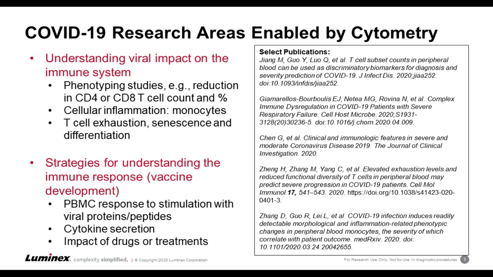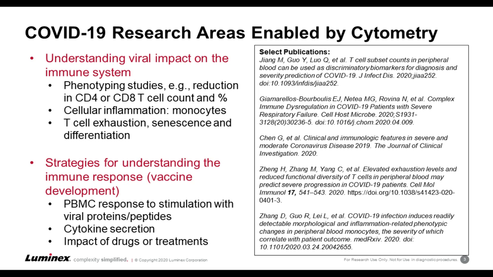If we look at areas of viral impact on the immune system, numerous studies are being published on what is ongoing with the immune cells in different stages of infection, and if they can provide clues and predictors about the infection as to how mild or severe the disease is.